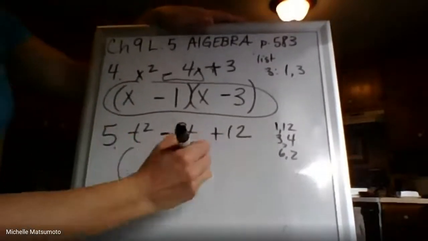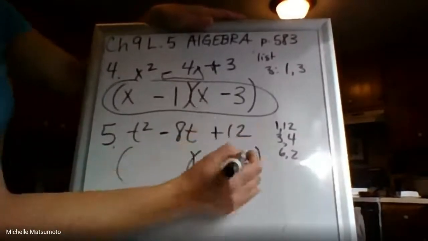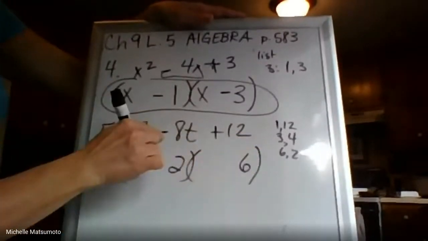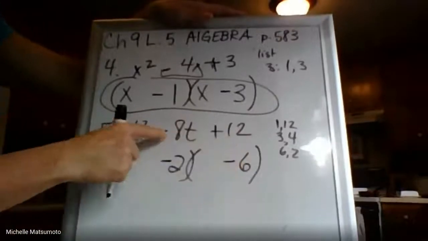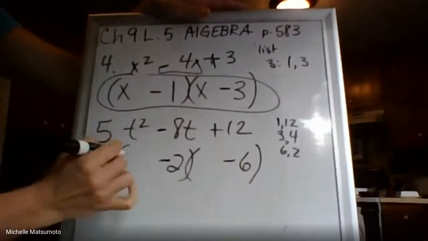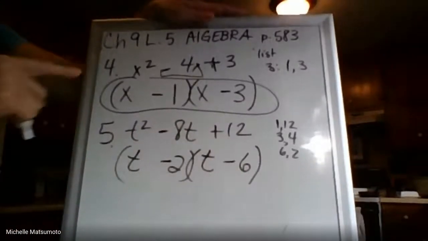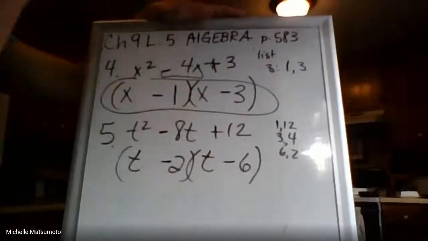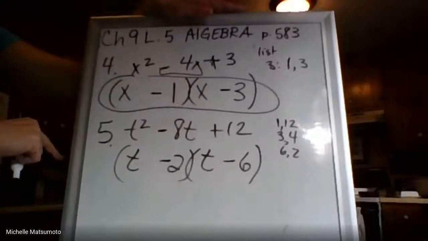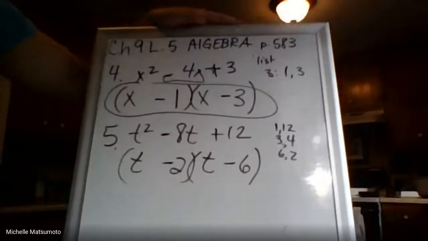Then put down your parentheses. Let's do 6 and 2 because I know that a negative 2 and a negative 6 will give me that negative 8. And then I have t. So you should be noticing a pattern of this negative positive sign compared to the first 3 problems that had both positive.